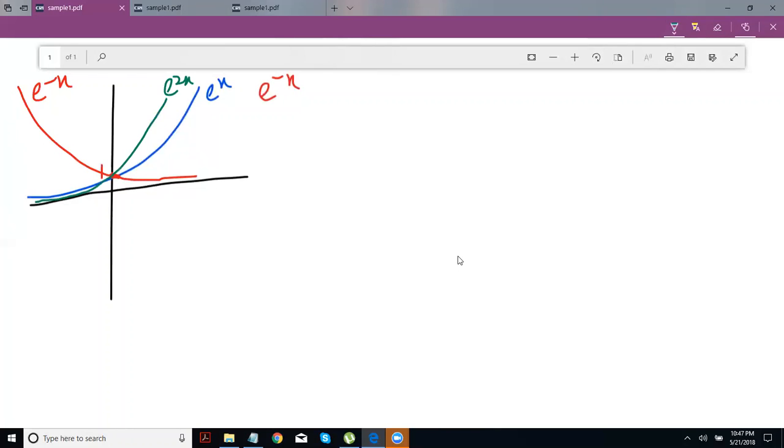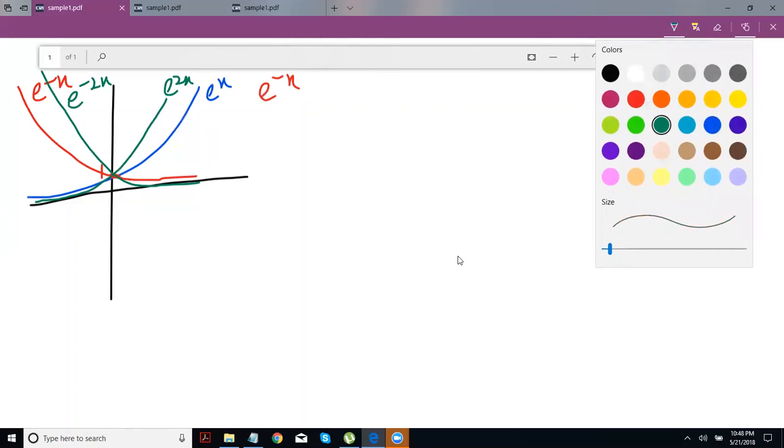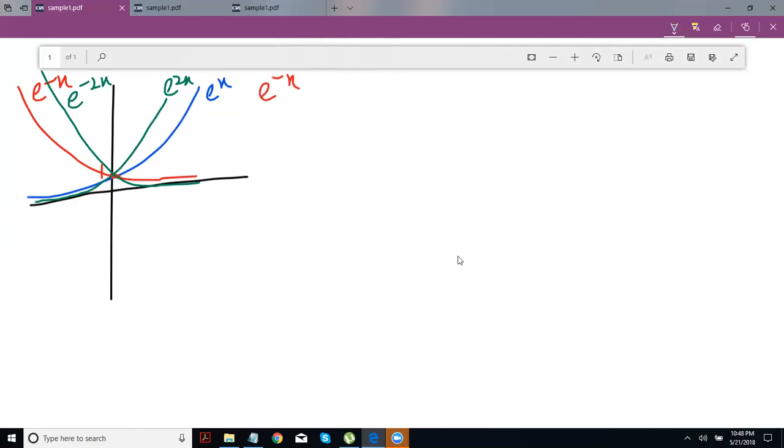It should be above the curve of e power minus x, so something like this. And again, it shouldn't touch the x-axis, but my bad drawing. And likewise, we saw e power half x lies below e power x, giving you something of this sort. This is e power half x.